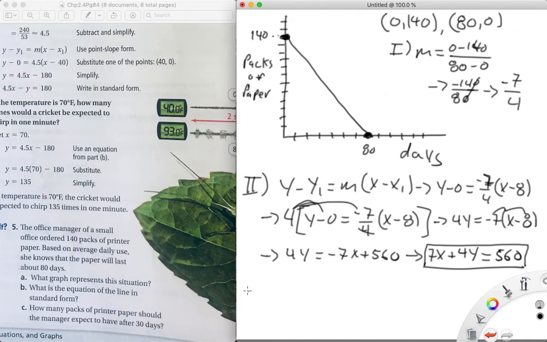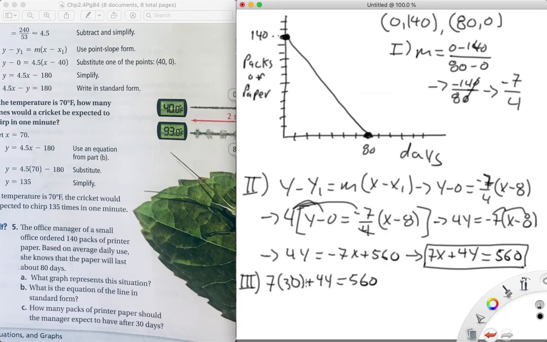The next thing they ask us is how many packs do we have after 30 days? So remember, x is days. So for part 3, we'll just substitute 30 for x. So it'll be 7 times 30 plus 4y equals 560.